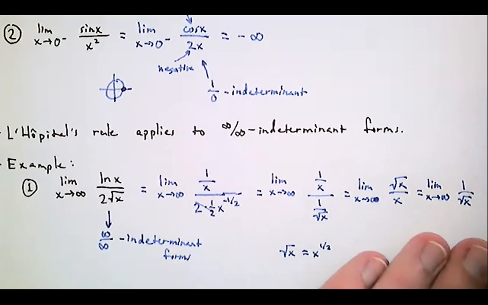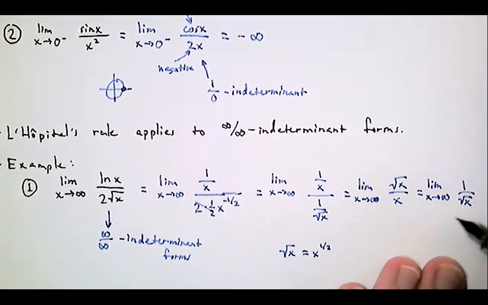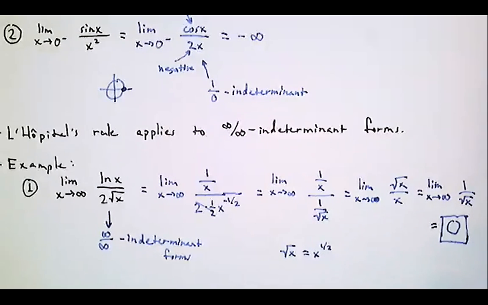And 1 over infinity, what does that come out to? What number should that come out to, if we're dividing 1 by larger and larger numbers? Zero. Right. So that's the solution here. This limit is actually 0.